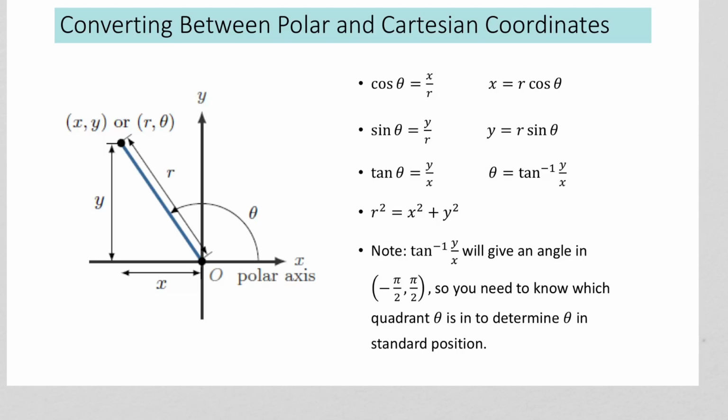So when we talk about an angle theta and its initial side is the polar axis and it's defined in the positive direction this way, we know that the reference angle right here for this triangle over here is going to be that theta there.